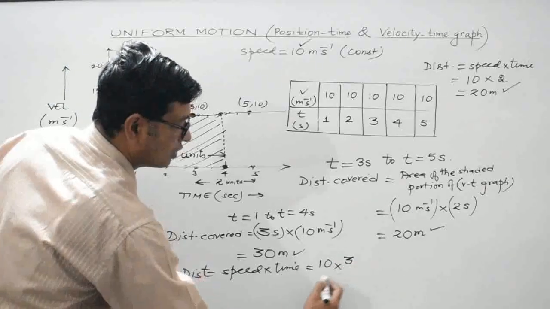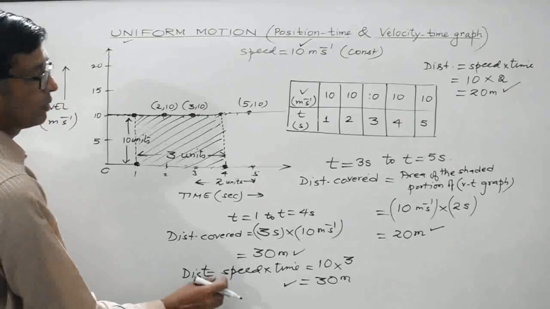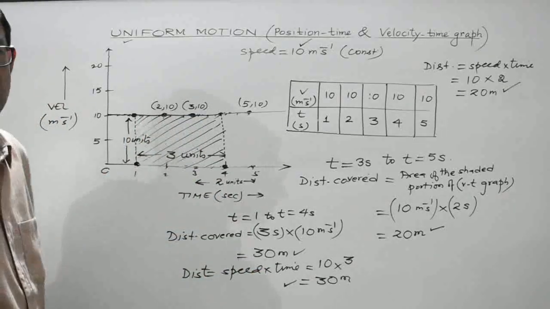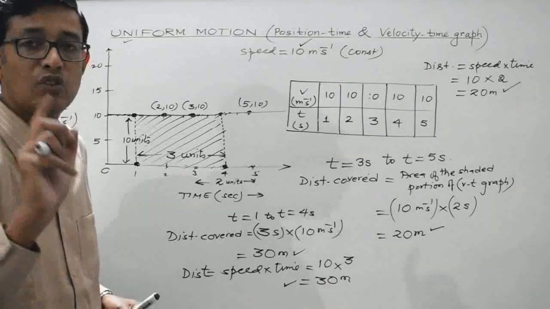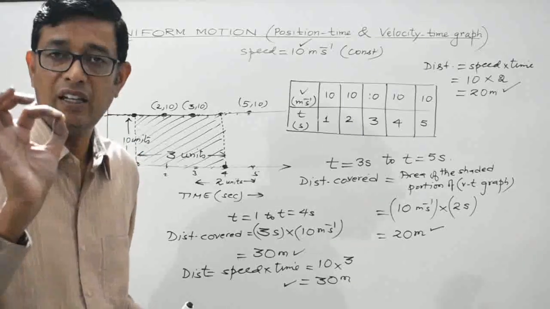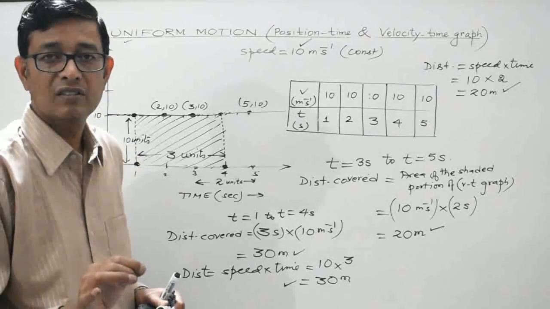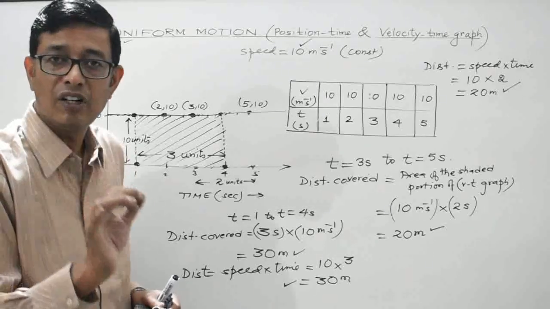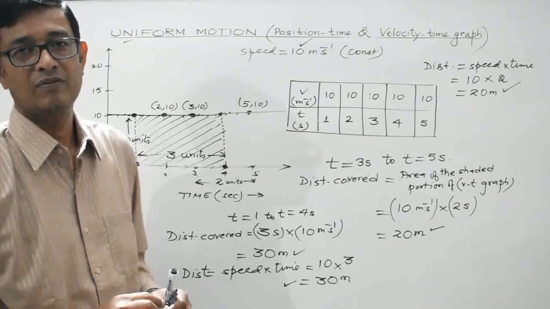So it will give us 30 meters. So either solve it mathematically or solve it graphically. So why we have done all these things is to convince you that the area, mark my words, the area under velocity time graph will give us the distance covered by a body between the two given intervals of time.